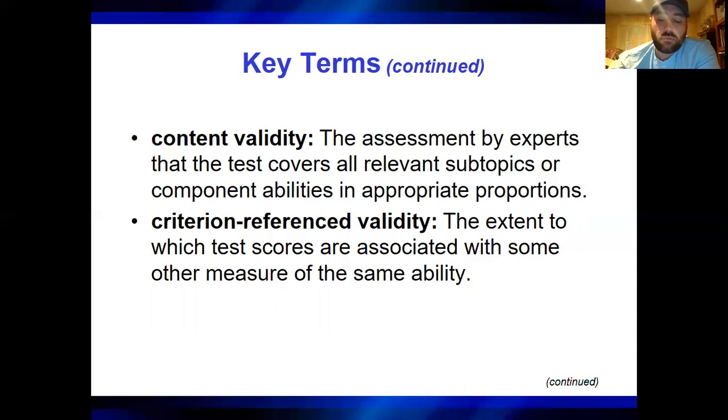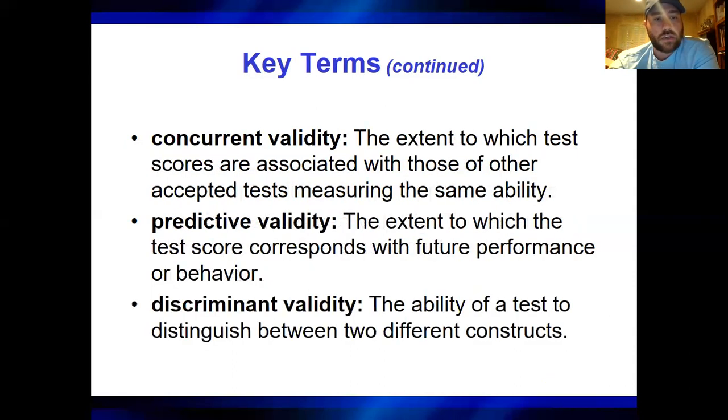Okay. So there's that. Concurrent validity, the extent to which test scores are associated with those of other accepted tests measuring the same ability. This is where we start looking more at that aspect, the criterion reference, if I'm trying to determine if this test follows the same validity measures as something we already have previously established, right?